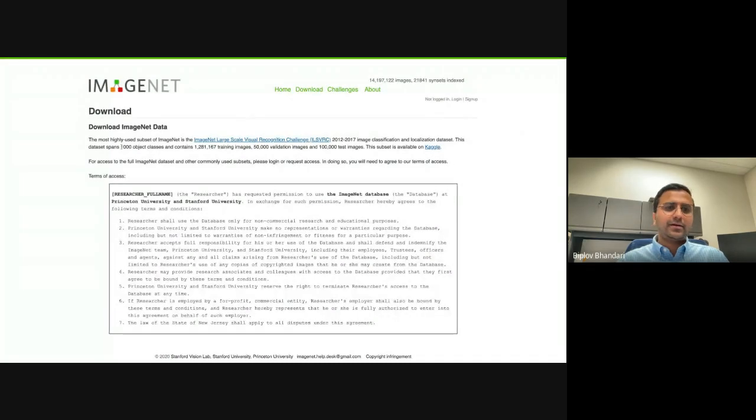It has around 1,000 classes within that dataset, with millions of training images and thousands of testing and validation images. And every year there's this ImageNet challenge where researchers from all around the world come in and compete by providing newer sets of algorithms, newer sets of ideas.